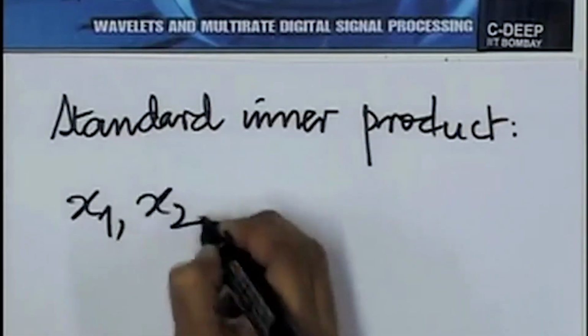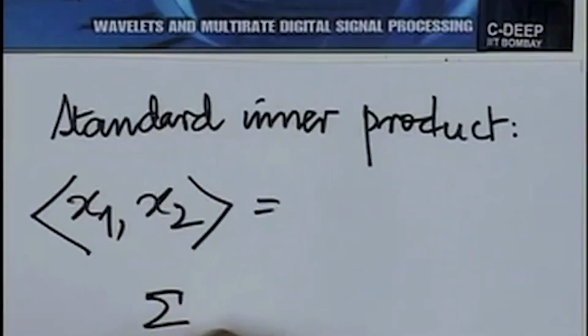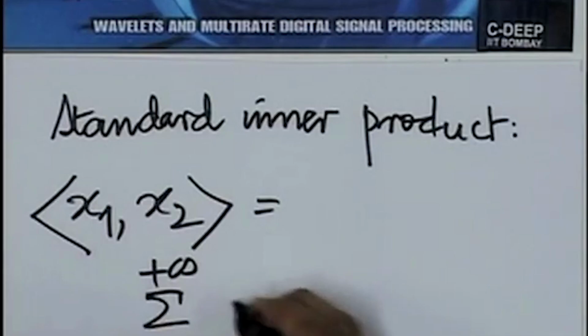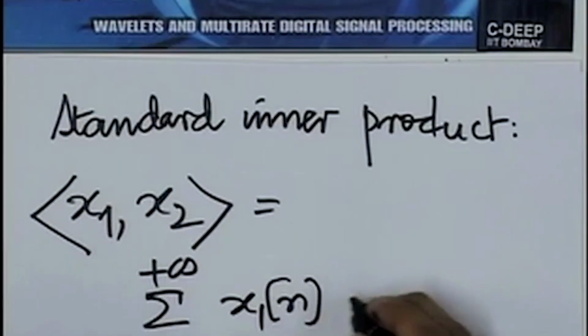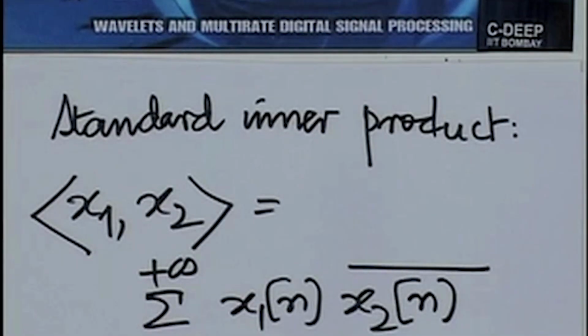The inner product of two sequences x1, x2 is essentially the sum, n going from minus to plus infinity, x1 n x2 bar n. Definition. The first property, as we said, is complex conjugate, easy to verify. So, in fact, I leave it to you as an exercise.